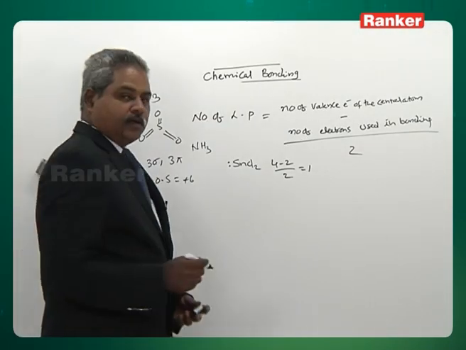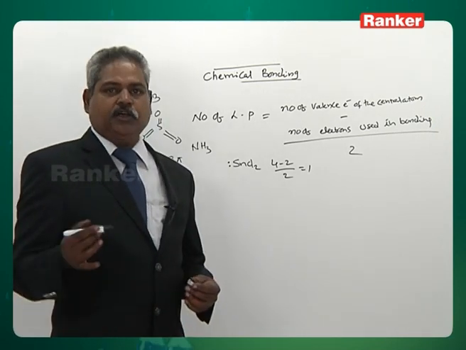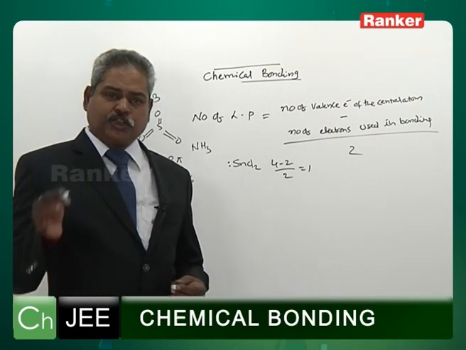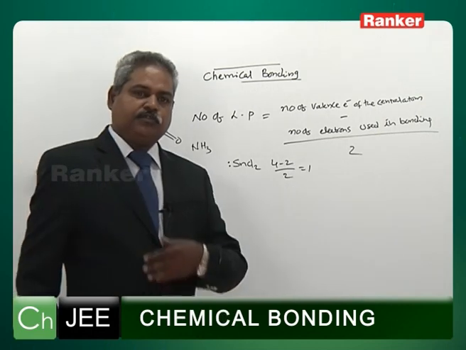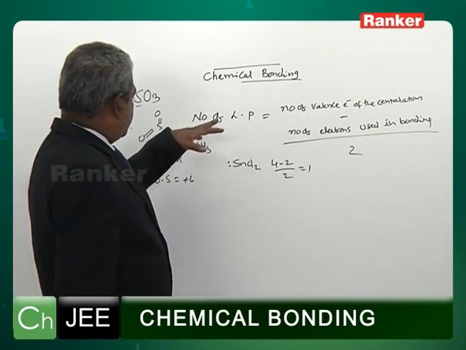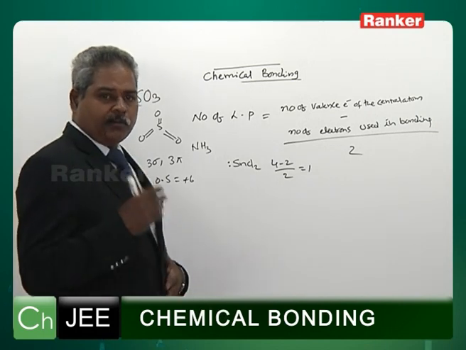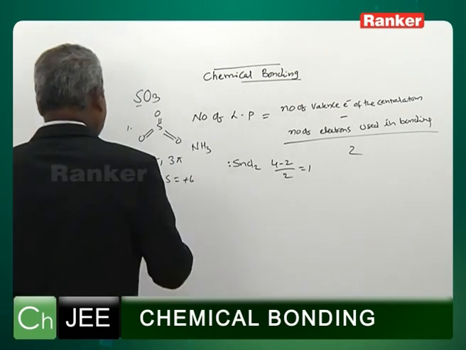So instead of answering questions like oxidation state of sulfur in SO3 is, oxidation state of boron in BF3 is, instead of answering individual questions, you find the hybridization of 40-50 molecules, shape of the same 40-50 molecules, number of lone pairs, all things on the same molecule, like this.